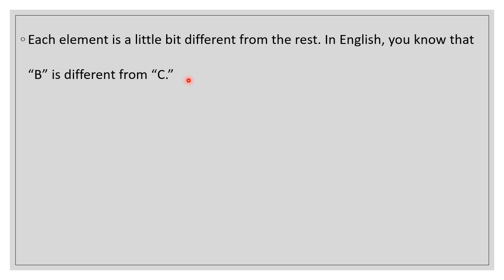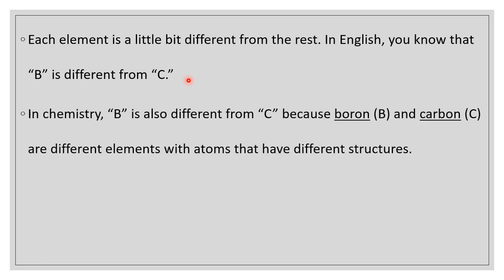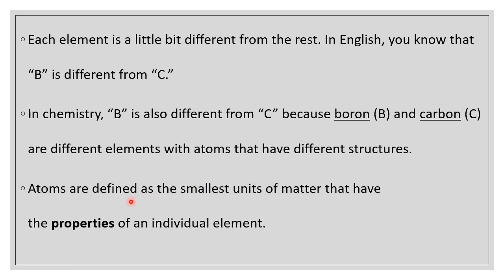That is what you want to convey here. In chemistry also, each element is different. It is only the arrangement of atoms that gives different matter. So atoms are defined as the smallest units of matter that have the properties of an individual element. I just now took an example: take pure gold. Gold contains millions of atoms.